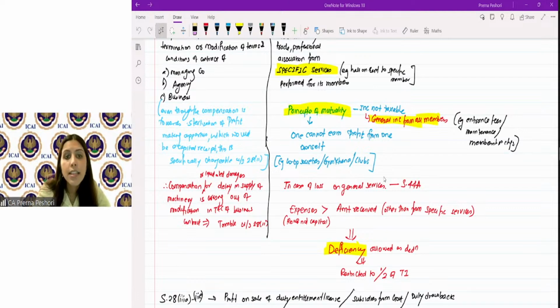Now in that particular case, let's say, for example, that there is a club. Now in that club, the contributors are contributing the membership charges. So what will be the implication?